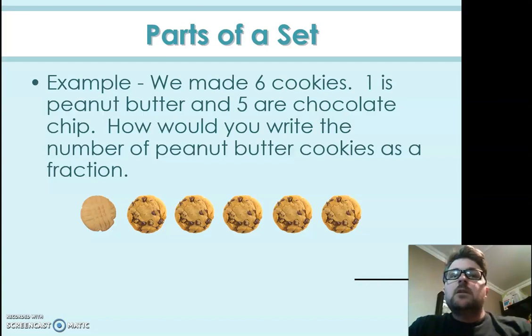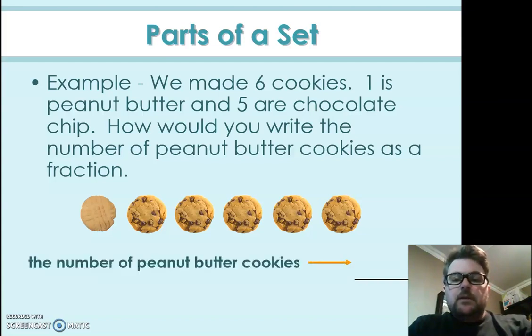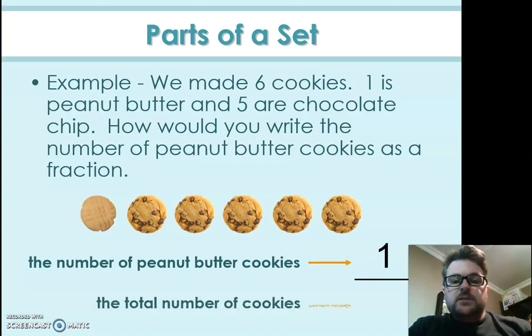Remember, I said to you, the number that we are looking at is the numerator, the number at the top. So how many peanut butter cookies are there? Okay, there is 1. How many cookies are there in total? Yes, the denominator is the total number of cookies, and that would have been 6.